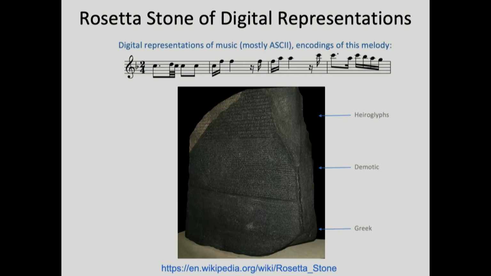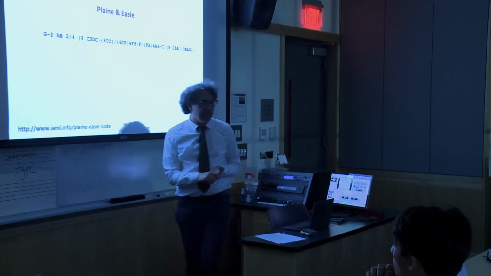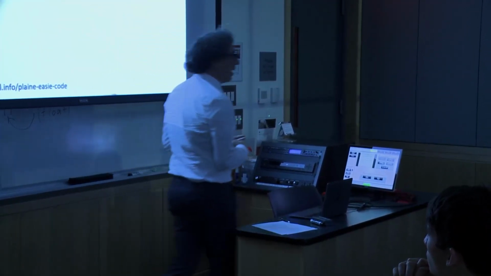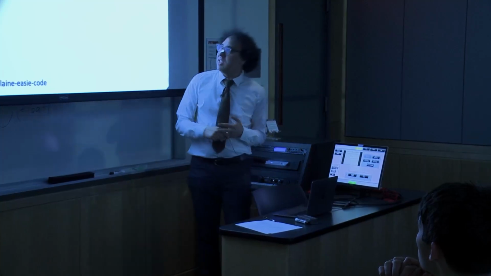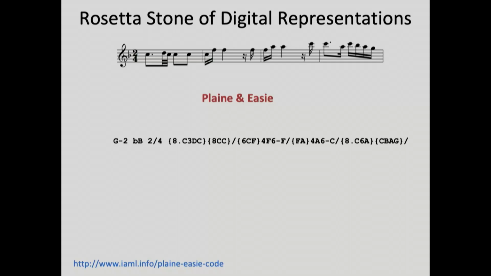But that exact same melody, and it shows how that melody is encoded in, I think he has like 32 on his website. I have edited it down to about 8, so that you can see what different representational choices people have made and what kinds of ontologies they make.